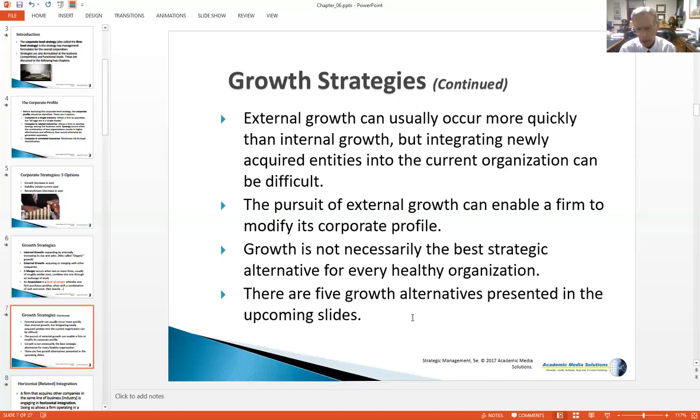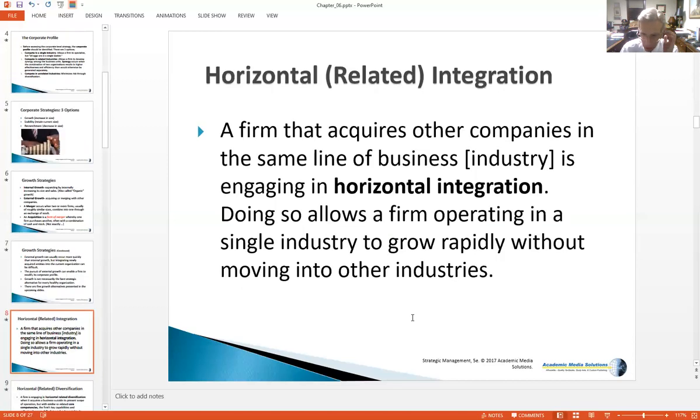However, Parnell points out now that growth isn't necessarily the best strategic alternative. And he now moves into five growth alternatives. So horizontal integration is simply the acquisition or merger of another company in the same industry.